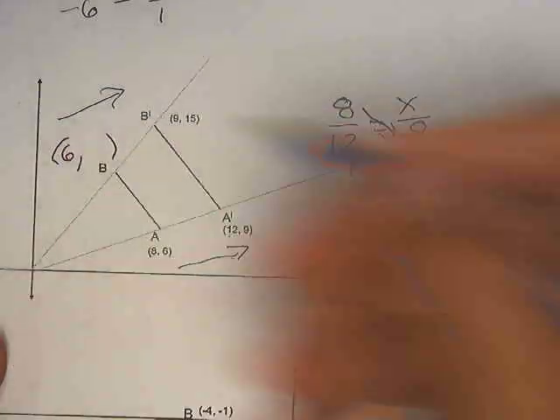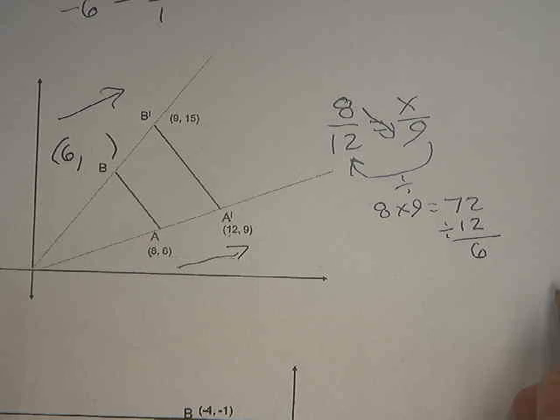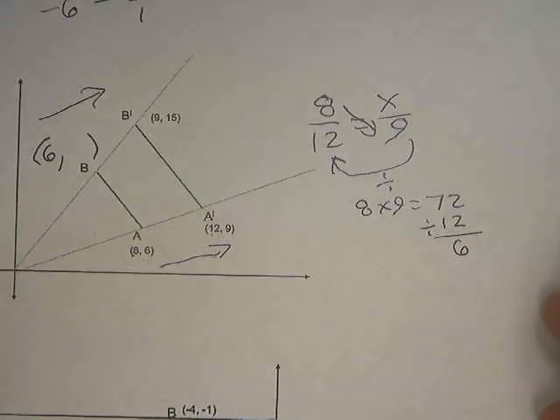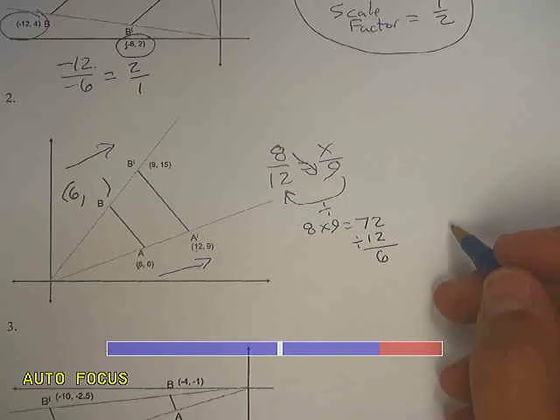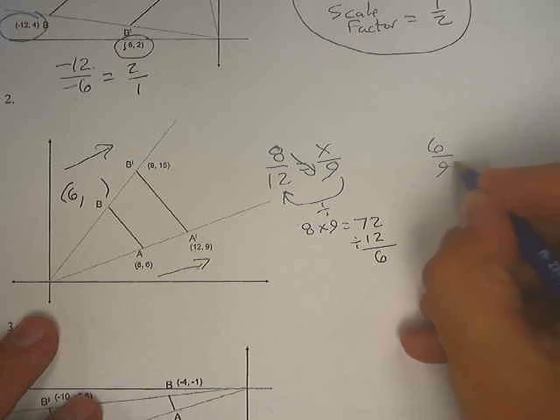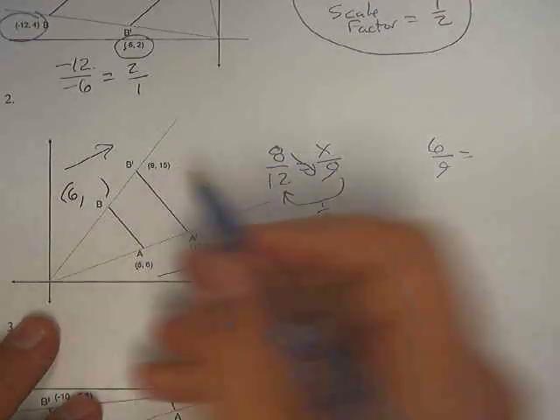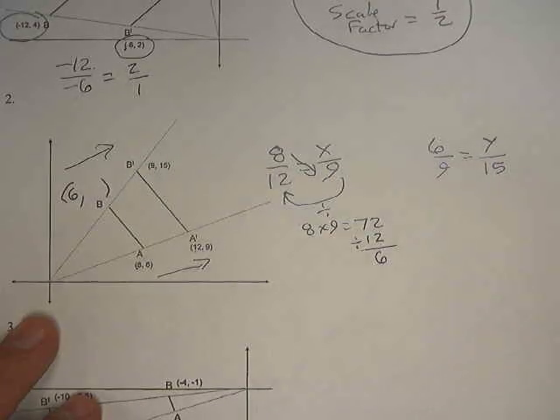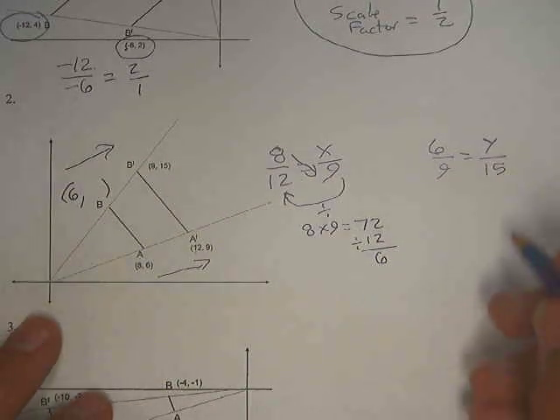So my first number here is going to be 6. Let's try that again with the second numbers. So I'm going to zoom out a little bit. 6 over 9 equals y over 15. I'll call it y so we don't get confused.